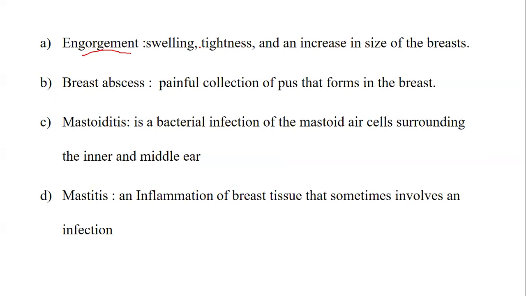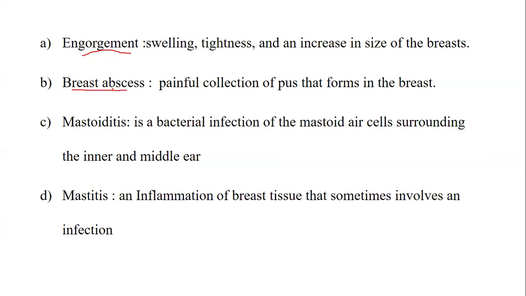Some ladies, after delivery, have excessive secretions and excessive swelling over the breast area, which can be associated with some kind of infection. Such a condition is called breast engorgement. Sometimes accumulation of milk can also cause swelling or pain.